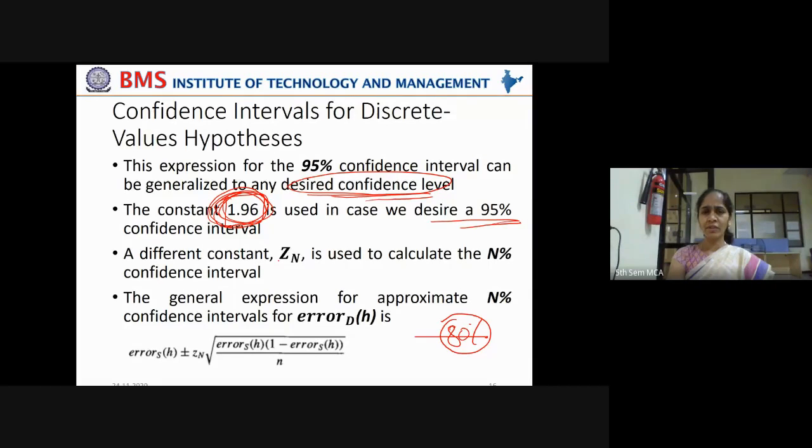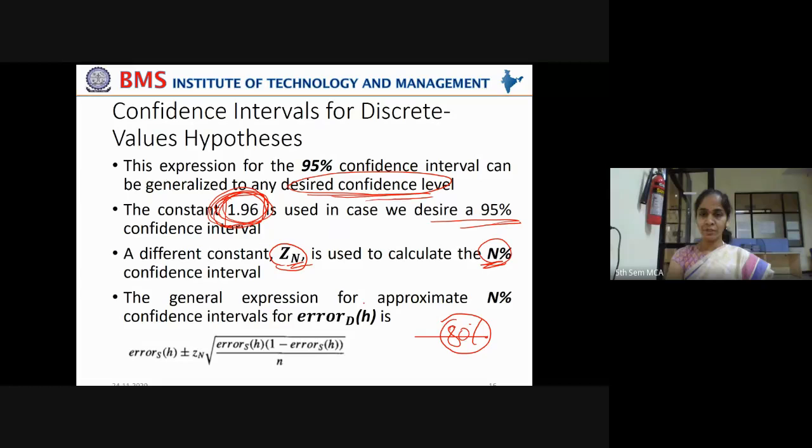Now a different constant Zn is used to calculate the n% confidence interval. Okay, did you see the association? A different constant Zn is used to calculate the n% confidence interval. So with 95% confidence interval, Z95 is what? 1.96. But for others, I'll show you the table.